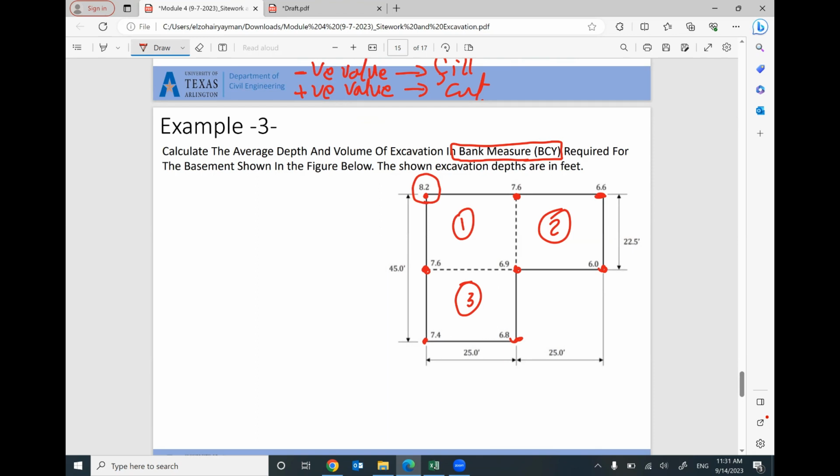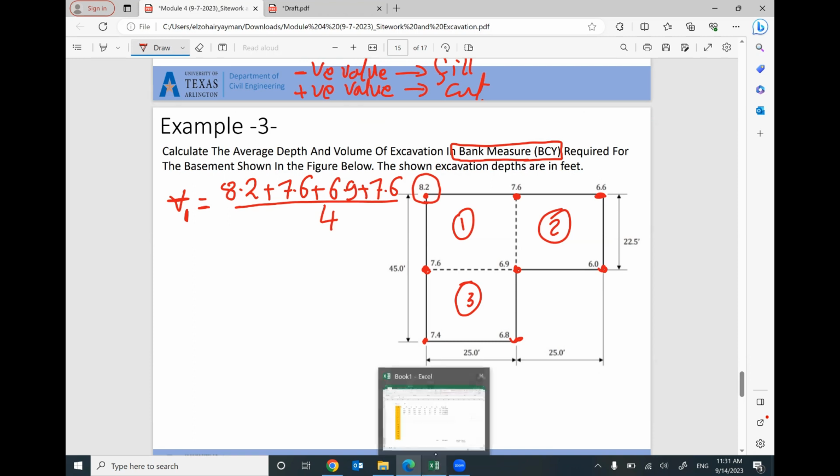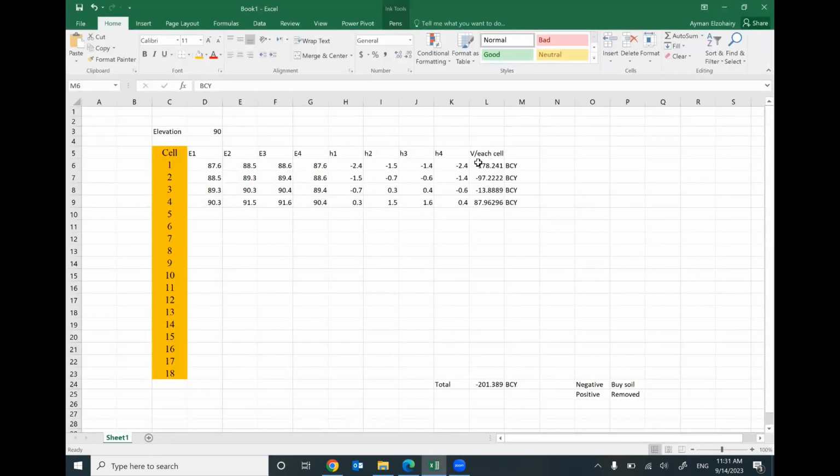So I will start directly to figure out the volume of the first cell. For the first cell, we have 4 heights. I will add them together: 8.2 plus 7.6 plus 6.9 plus 7.6, divided by 4. This is the function average that Excel does for you.